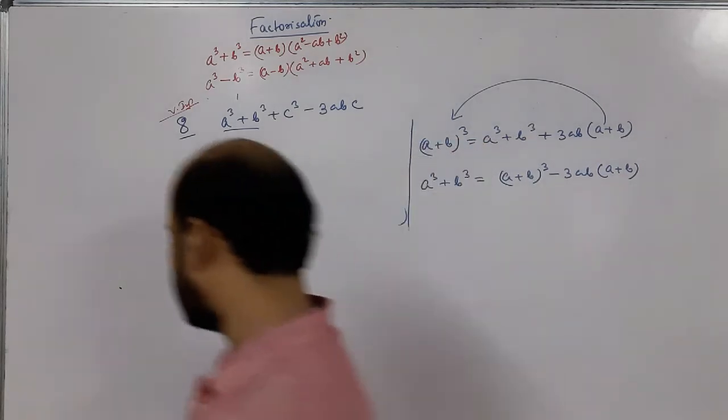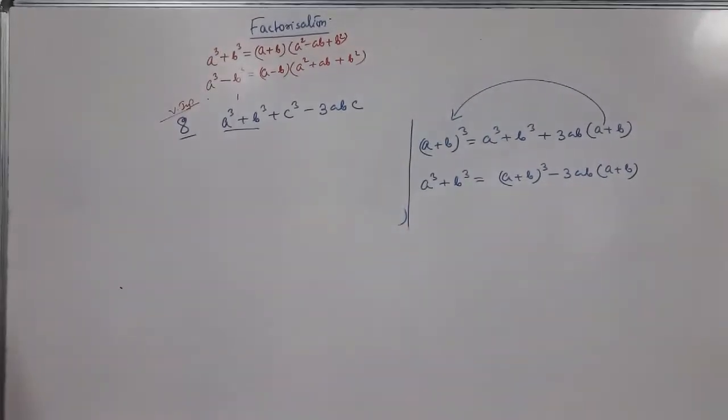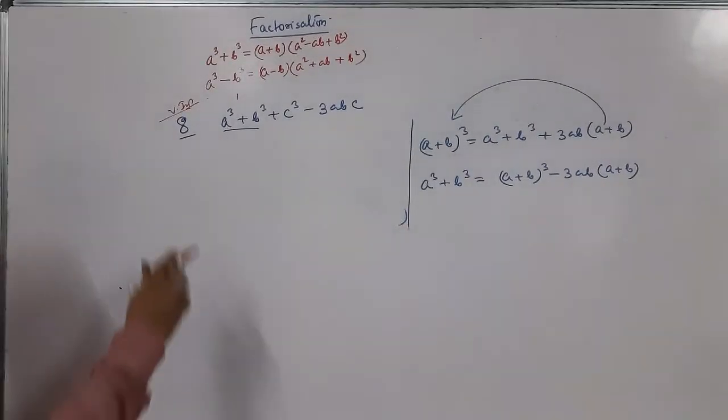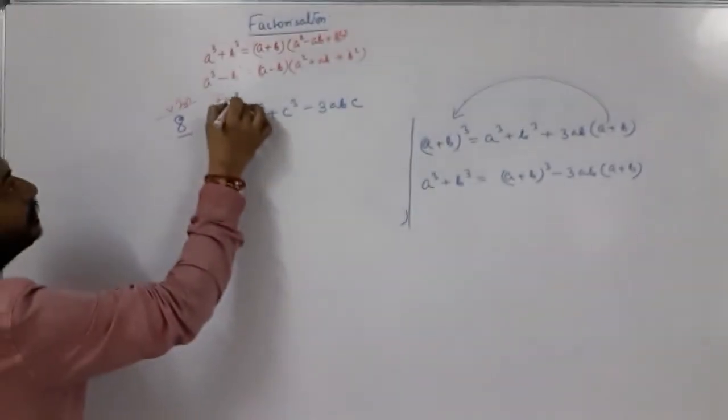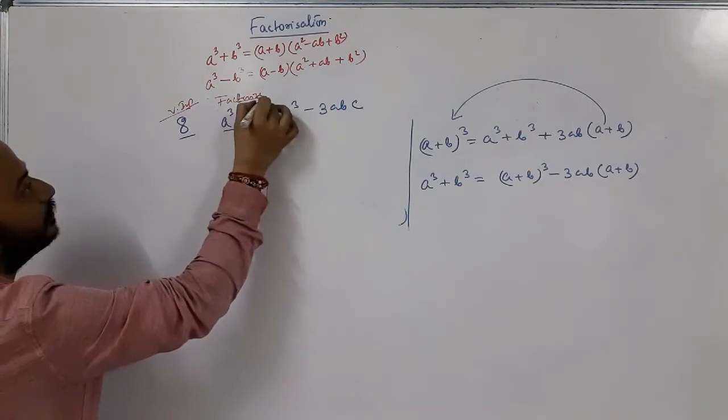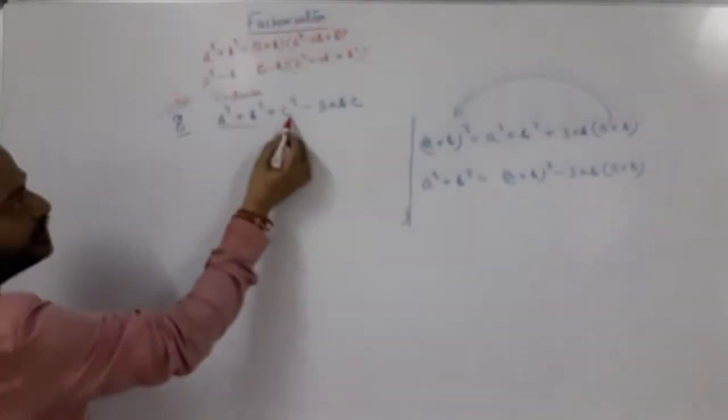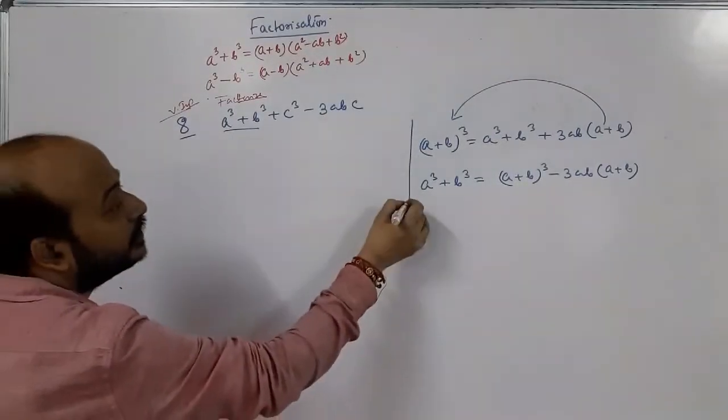Okay, now this is the last sum for this part, and this is a very important sum. You have to factorize a cube plus b cube plus c cube minus 3abc.